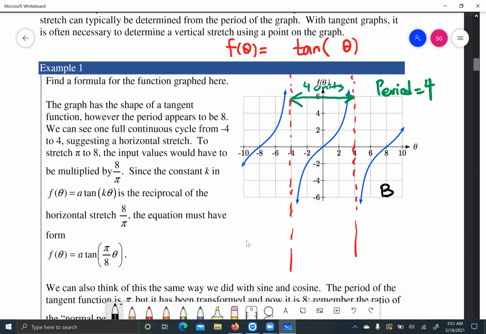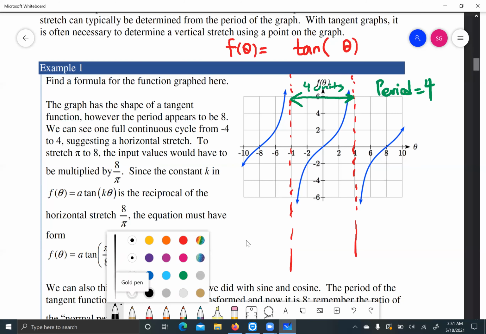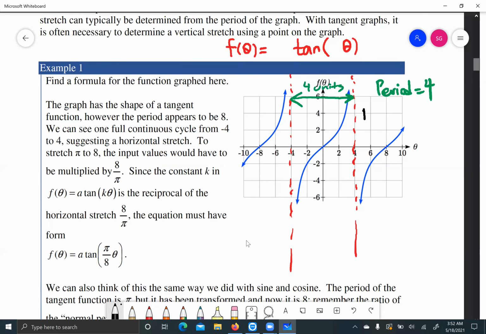Recall, the multiplier is the period divided by... what is the period of tangent? So maybe I write it this way. We want to find a multiplier, right?